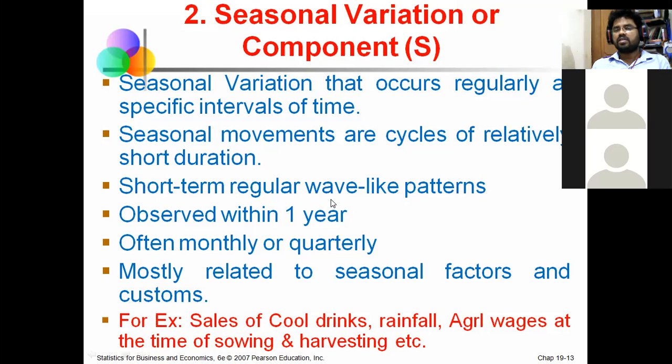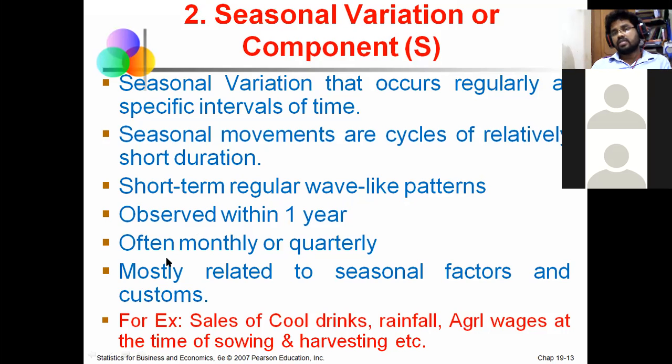As we know, seasonal variations are short-term, not long-term, and are covered within 1 year. Whatever seasonal variations occur in nature can be observed within the 1 year.